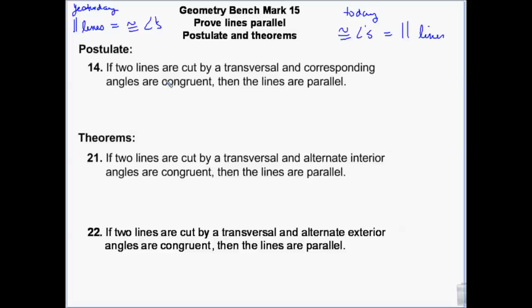So if two lines are cut by a transversal and corresponding angles are congruent, then the lines are parallel. So we have two lines. We don't know if they're parallel or not. We get the transversal.